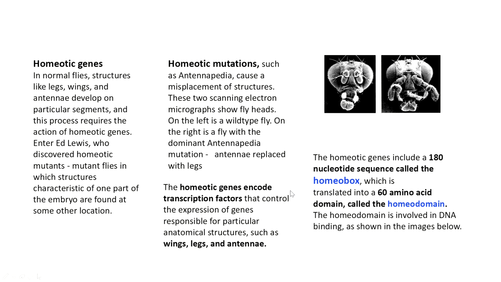In that way, 180 divided by 3 means 60. That means 60 amino acids are produced because of the 180 nucleotide sequence. That 180 nucleotide sequence present in a homeotic gene is called the homeobox, and the similar amino acid sequence is called the homeodomain.